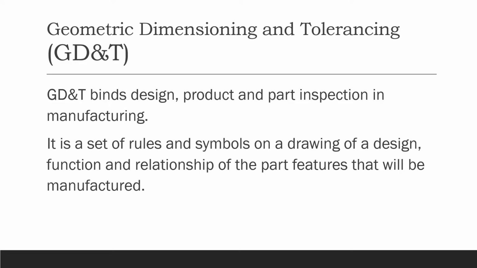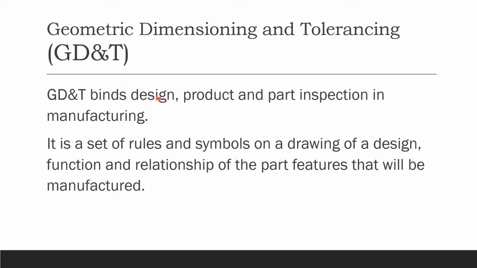It's just a set of rules and symbols. You will see these symbols on a drawing of a product design, showing the function and relationship of the part features that will be manufactured. It's a technique, or routine inspection, that we use in manufacturing a product.